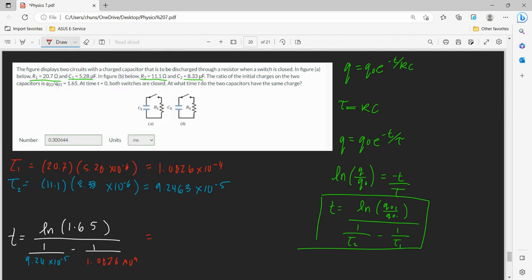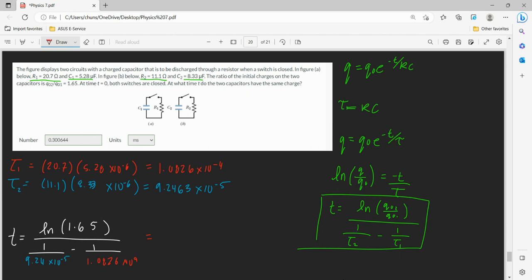this is ln of 1.65 divided by, so 1 divided by 9.2463 times 10 to the negative 5, and then minus 1 divided by 1.0826 times 10 to the negative 4.